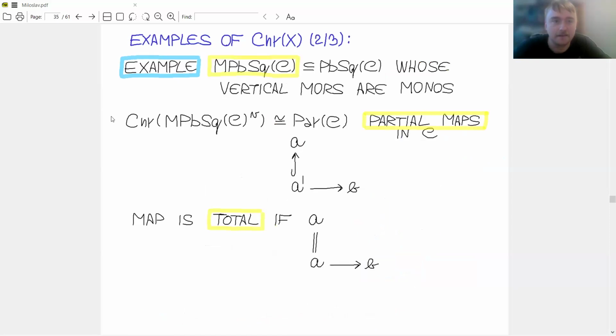Okay, another example: we can take yet a smaller cousin of pullback squares, which is the double category of M-pullback squares, in which I take the vertical morphisms to be monomorphisms. And in this case, the category of corners construction produces the category of partial maps in C. A partial map is usually defined as an equivalence class of spans like this.